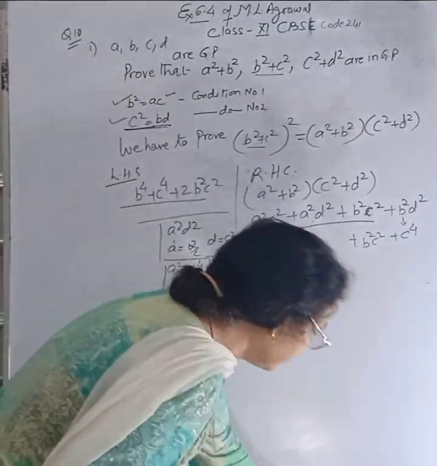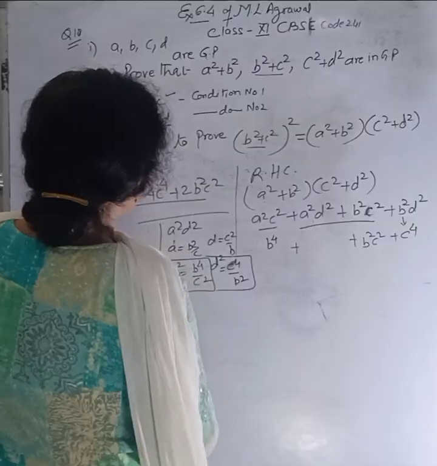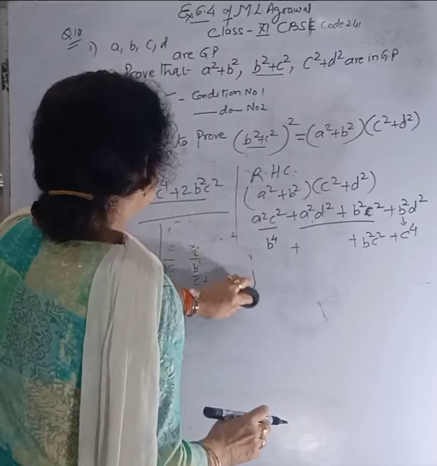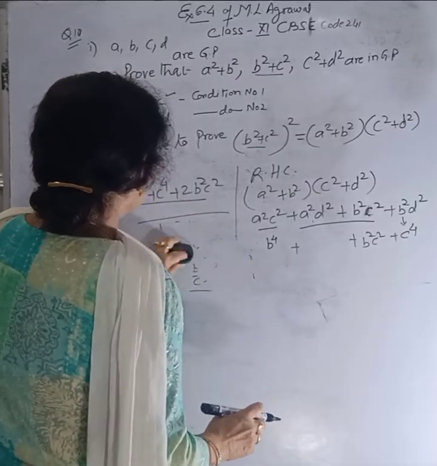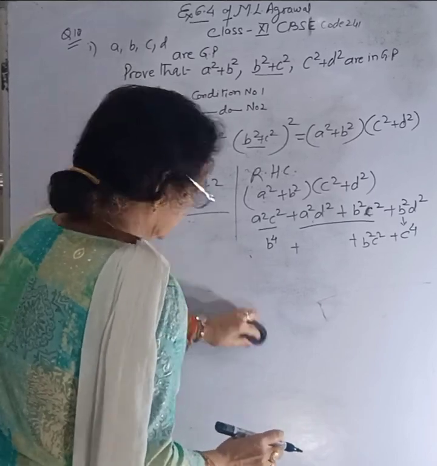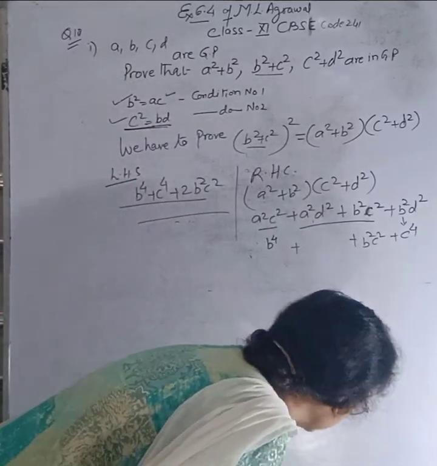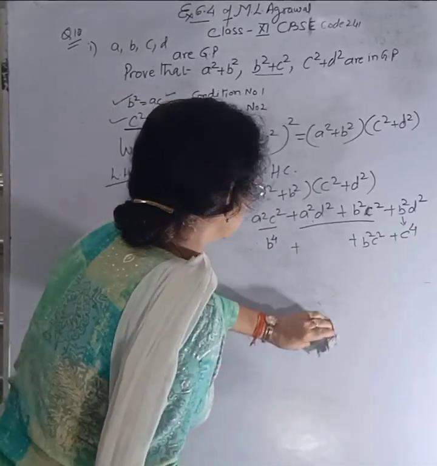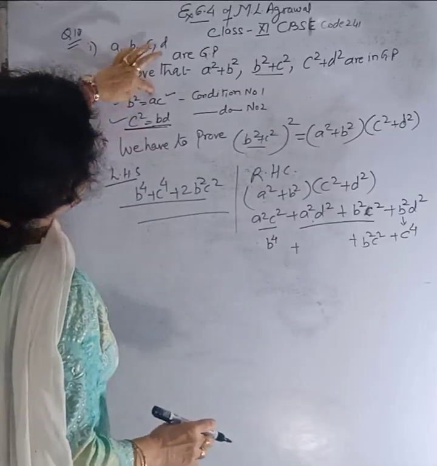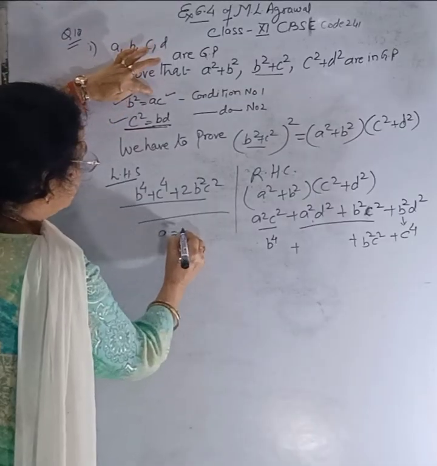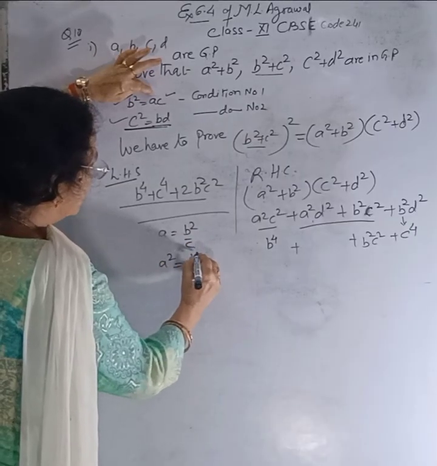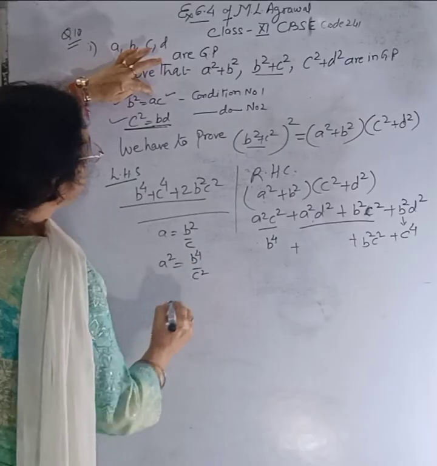I will repeat it again because you may not have understood this. From here, A is equal to B square by C. It means A square can be written as B to the power 4 upon C square.